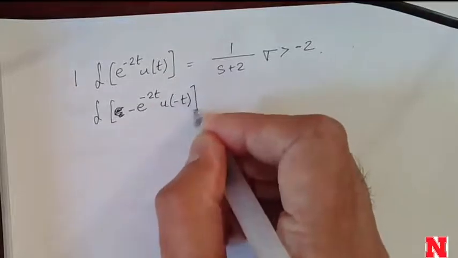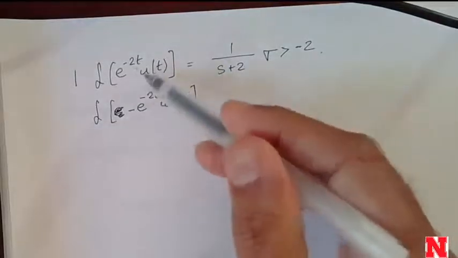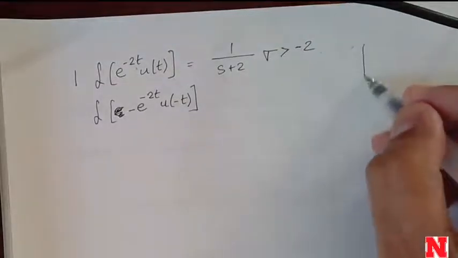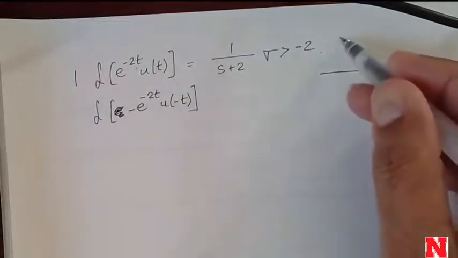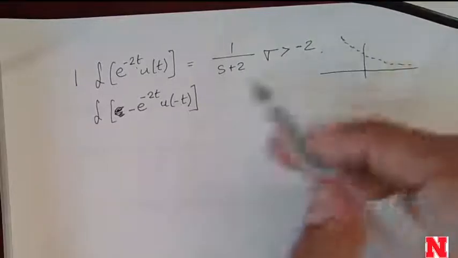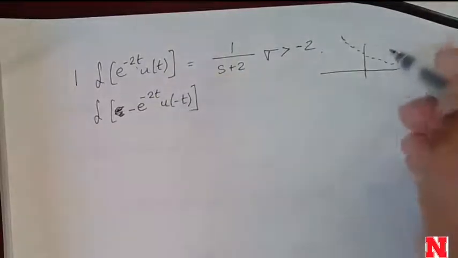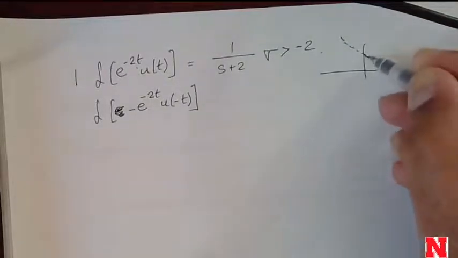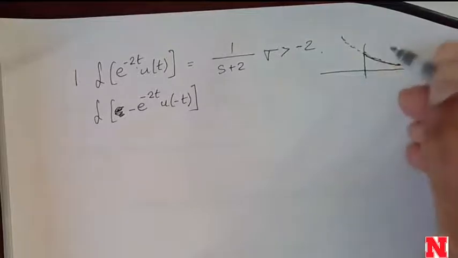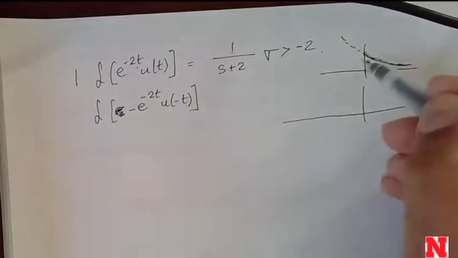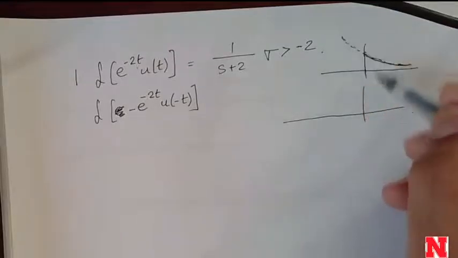Now it's a very different function, though in form it seems to look the same, but it really is a different signal. The plus e to the minus 2t is this decaying exponential, right? E to the minus 2t u of t is this part of the decaying exponential. E to the minus 2t u of minus t would be this part of the decaying exponential, right?